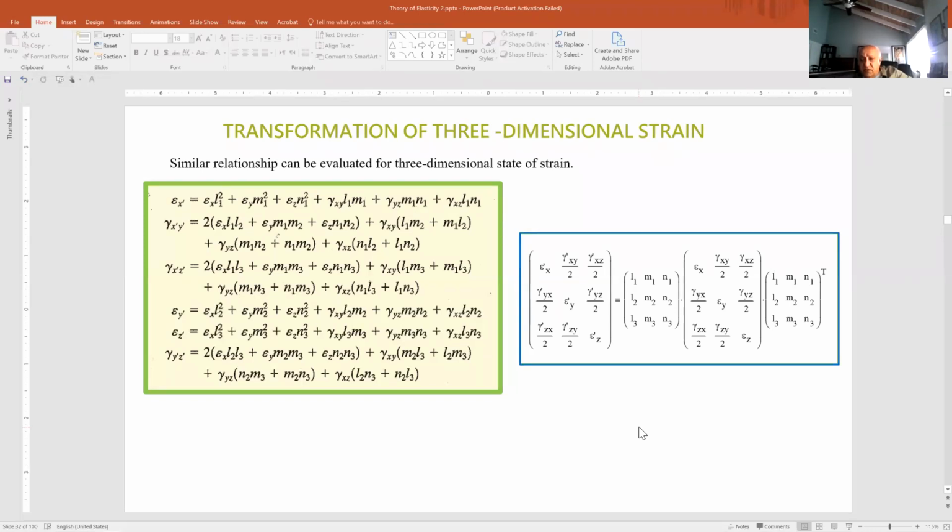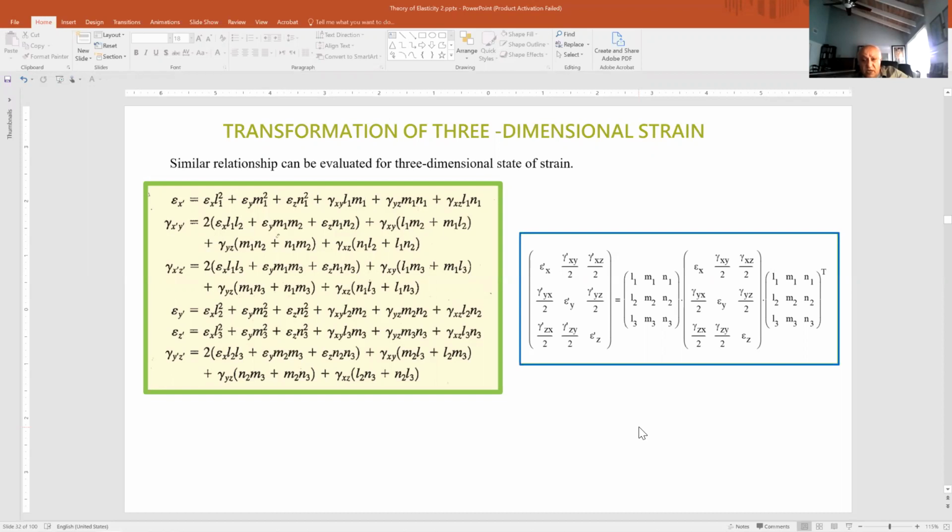We have examples of tensors of second degree that you have seen in your dynamics courses. That is moments of inertia, mass moment of inertia, or the area moment of inertia. Those are also tensors of second degree.